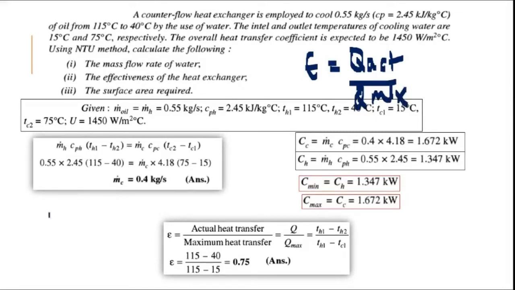Okay, and what is Q max equal to? What is the formula for Q max? When do we get the maximum rate of heat transfer? U A theta m, sir. No, that is Q actual only. What is the condition for maximum rate of heat transfer?